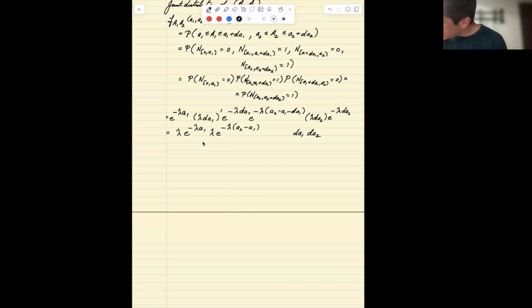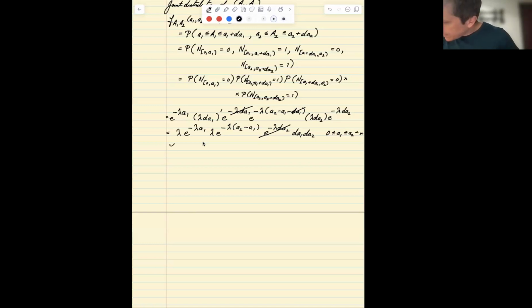The e to the minus lambda dA1 terms cancel, and e to the minus lambda dA2 is insignificant, so we get rid of it. This is the density, provided that A1 is less than or equal to A2 by assumption.